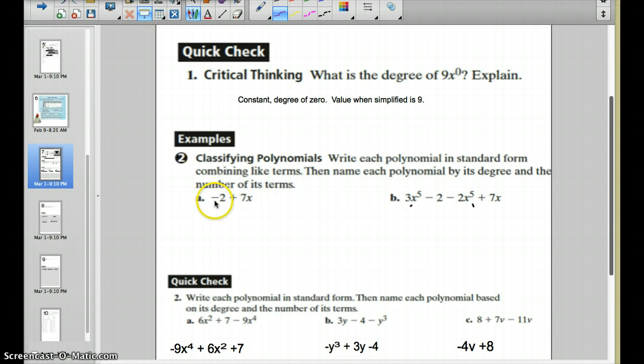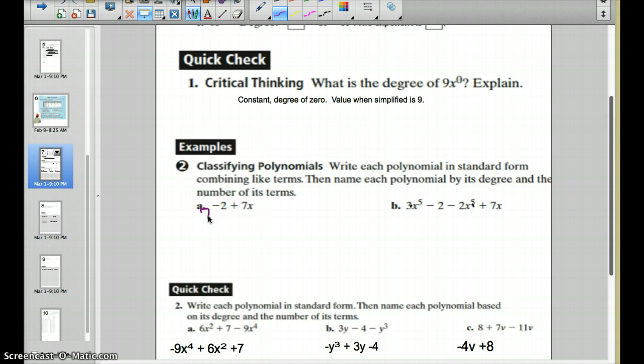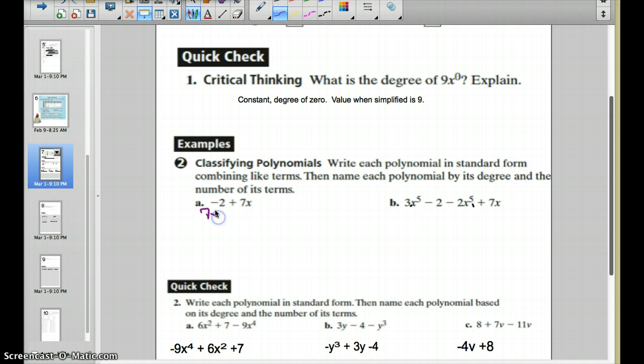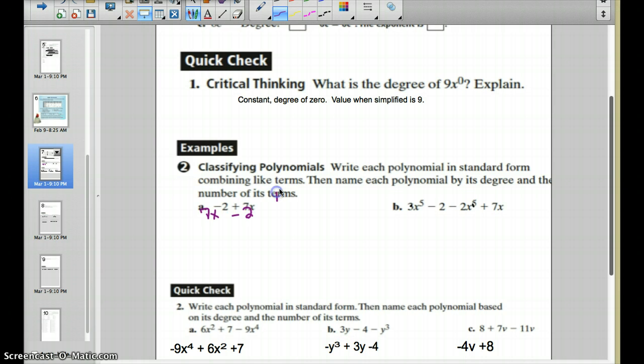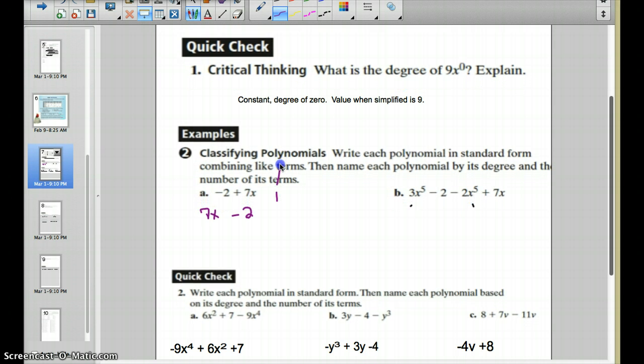So if you think about the minus 2, it has a degree of 0. And the 7x has a degree of 1. So we're going to need to rewrite this as 7x minus 2. And then this is in standard form.